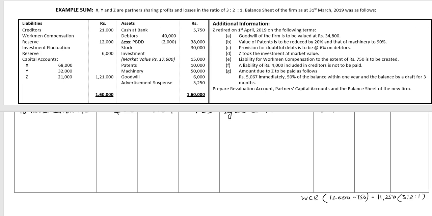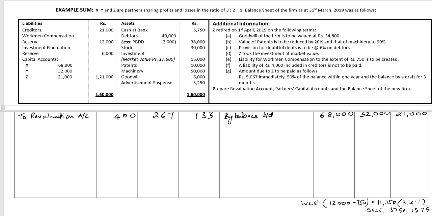So we have 5,625 for partner X. For partner Z, 1,875, and for partner Y, 3,750.